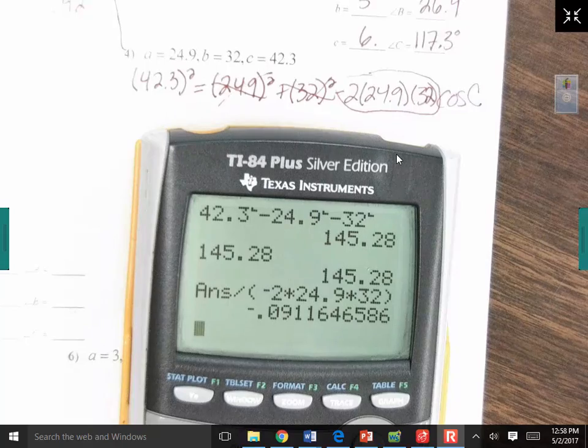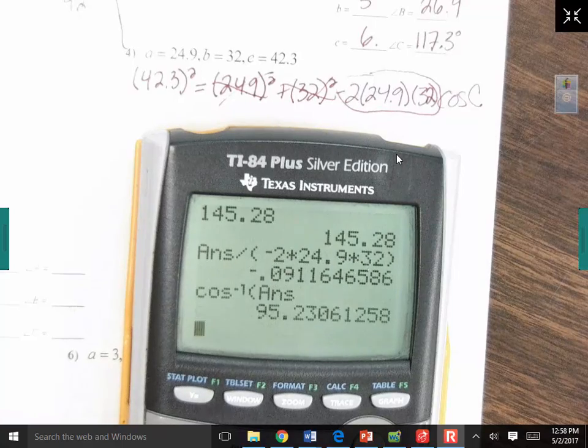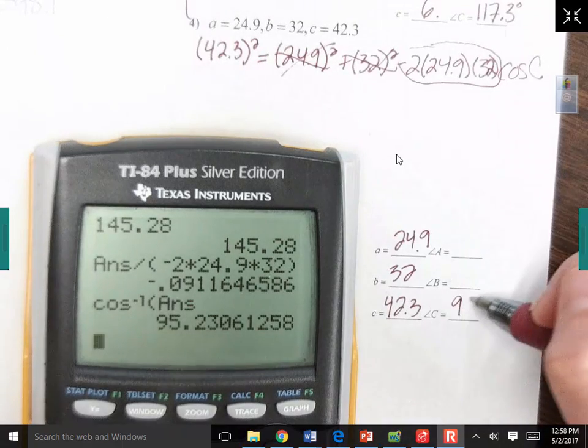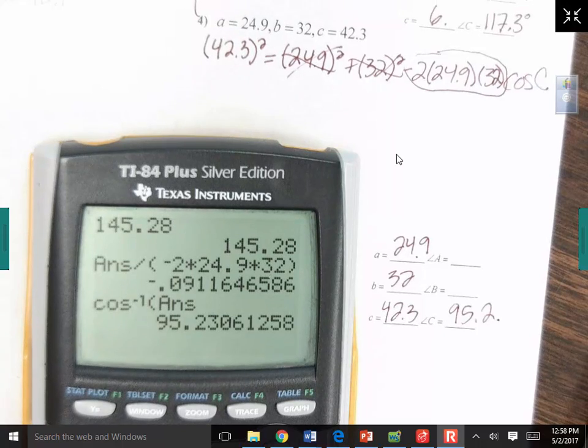And then now what do I do? Second, negative. Second cosine. Second negative, and so you got 95.2 degrees. Did everybody else get 95.2 degrees for our angle C? Yes? Okay.